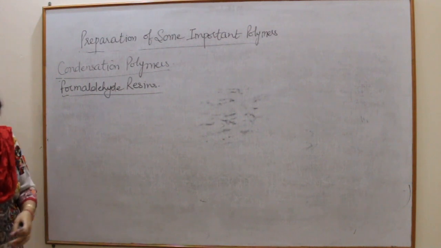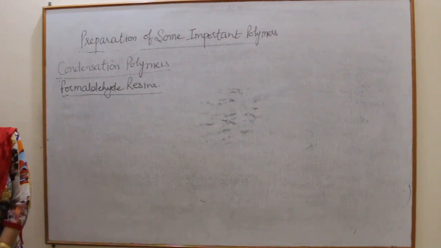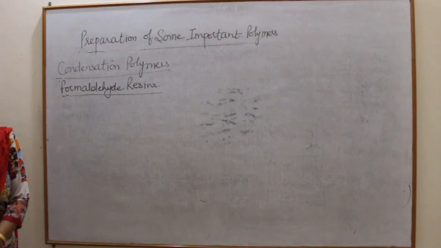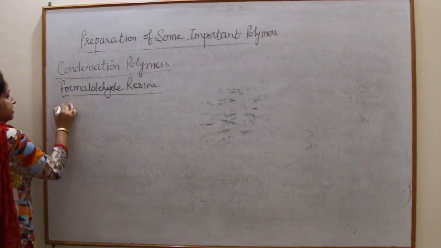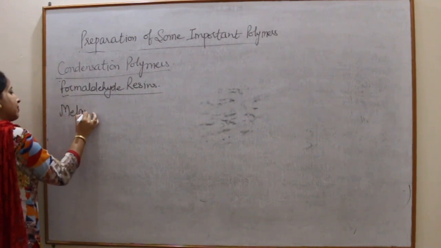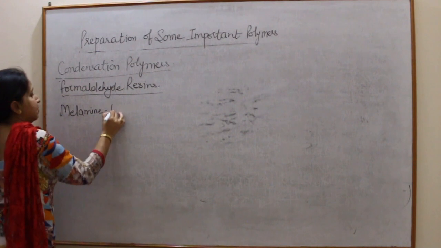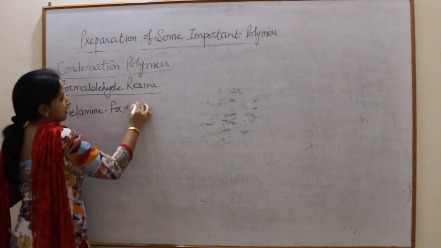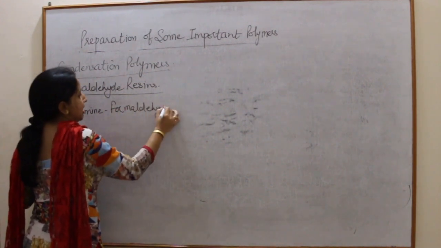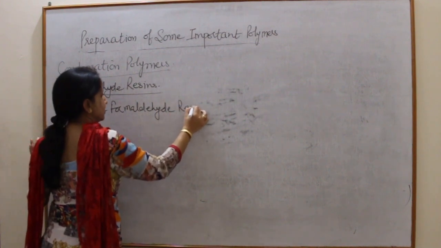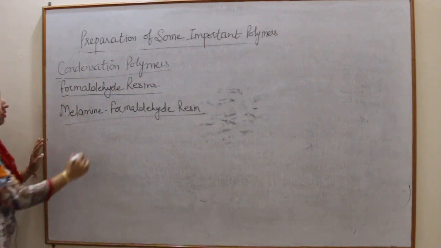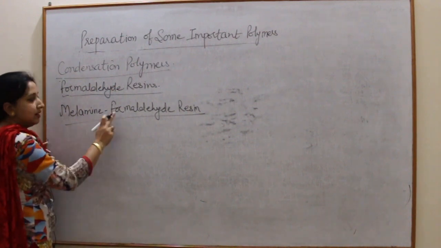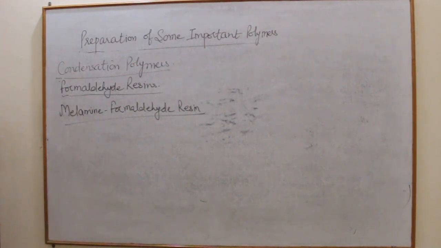Basically its name is melamine formaldehyde resin. So again, according to the name, it will contain two monomers: melamine and formaldehyde resin. So from the name it is very clear, the monomers will be melamine as well as formaldehyde.